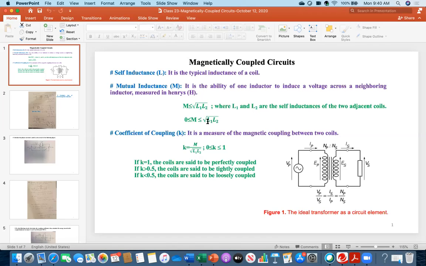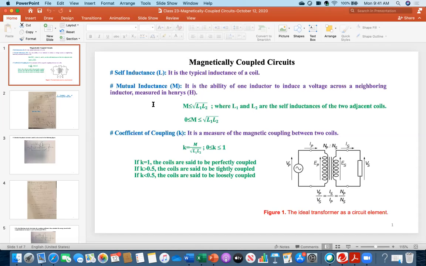Now, there is one term, the coefficient of coupling, with regard to that magnetic coupling. It is designated by the symbol K. What is the meaning of it? It's a measure of the magnetic coupling between two coils. This means there are two coils side by side. There is mutual inductance, but how strong is their connection? How strong is their bonding?